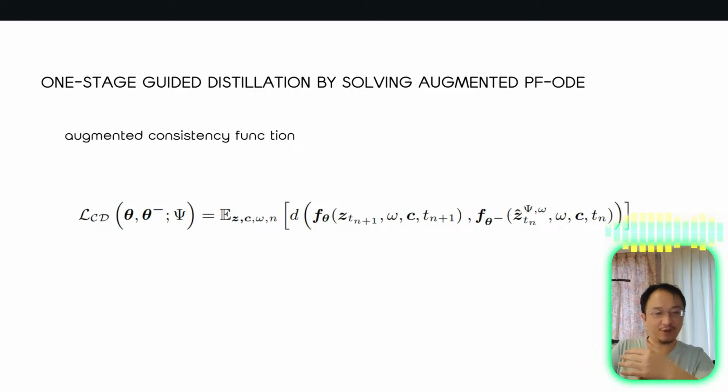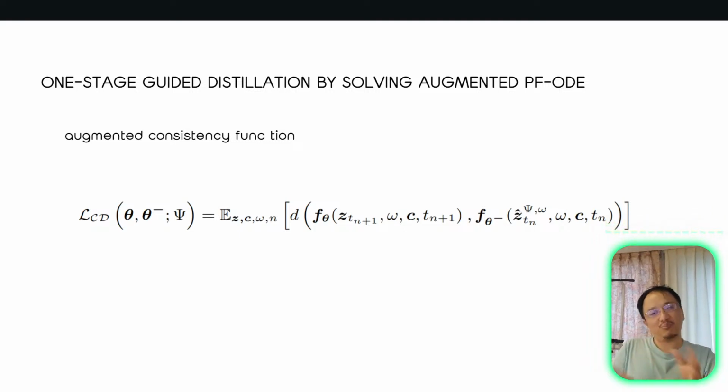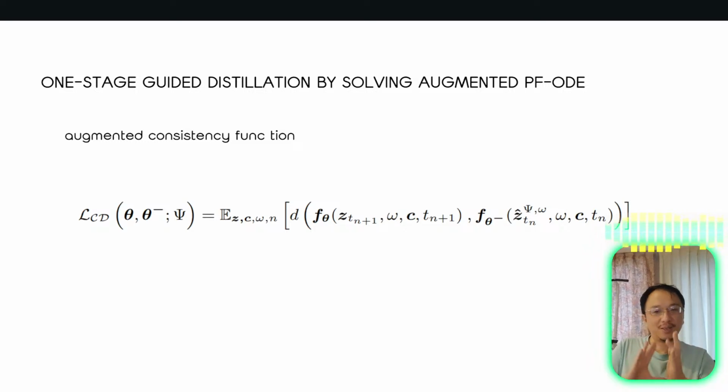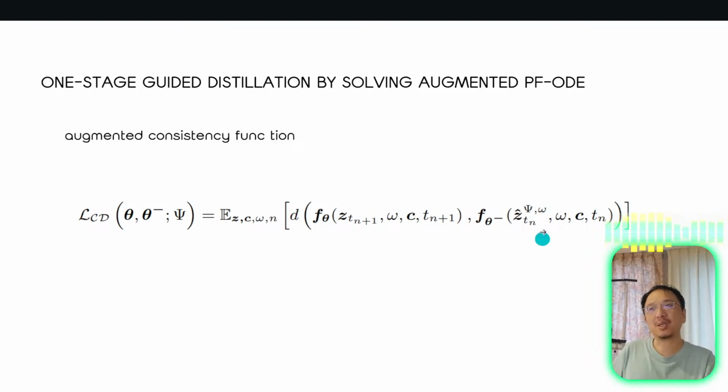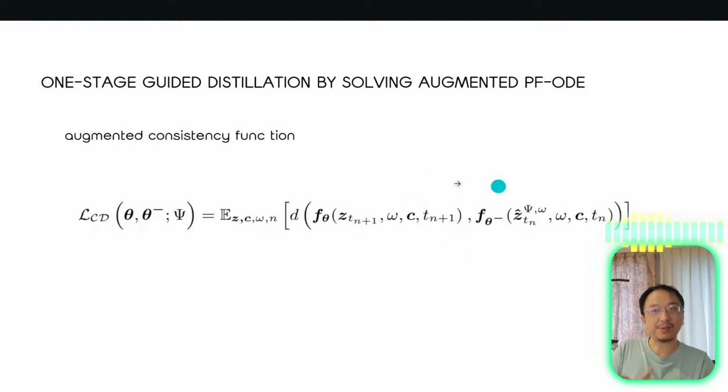That is kind of trivial because it just works. But LCM also provides a way to use conditional guidance, to incorporate the condition into the formula of the consistency model. But they are still pretty much the same. You can see the distance between this guy and this guy, because they have different time steps, and we still have some consistency loss.